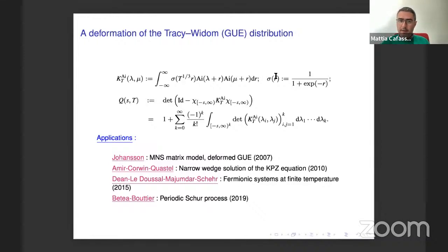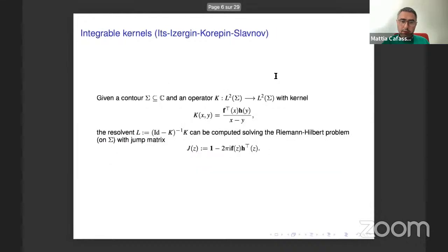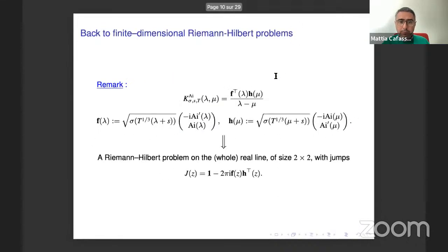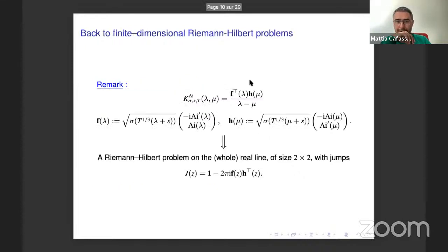So in a way, when you study the Riemann-Hilbert problem associated to this vector f and h, if you take a general sigma, you get this integro-differential Painlevé 2 equation.